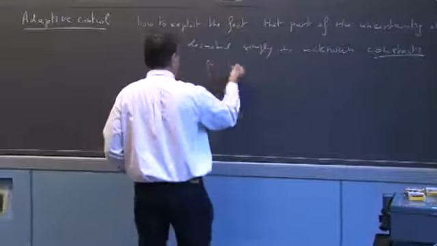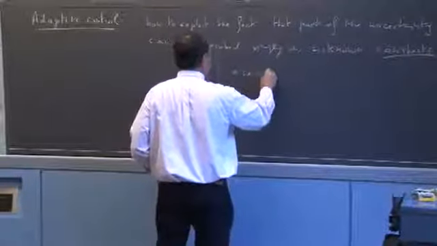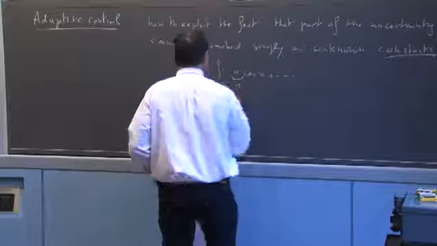Again, f is, let's say, a cosine x plus a bunch of things, and a is an unknown constant.